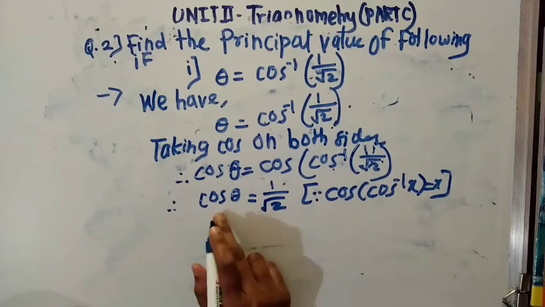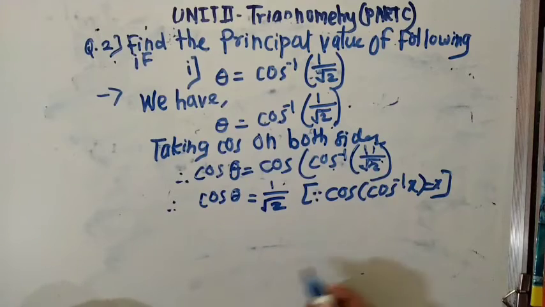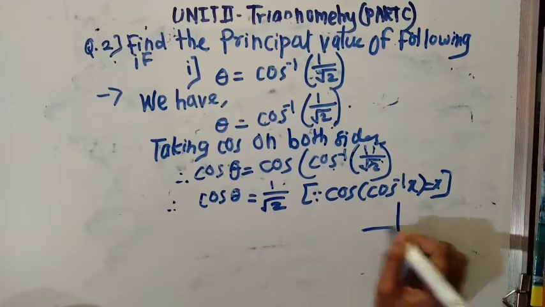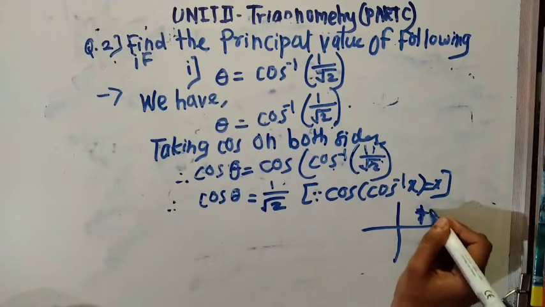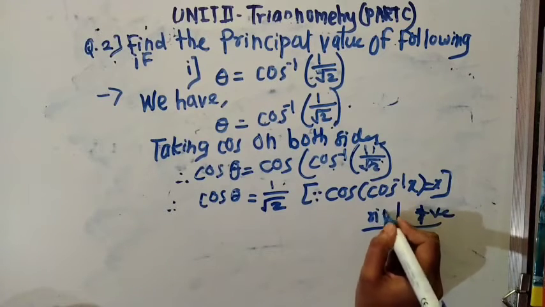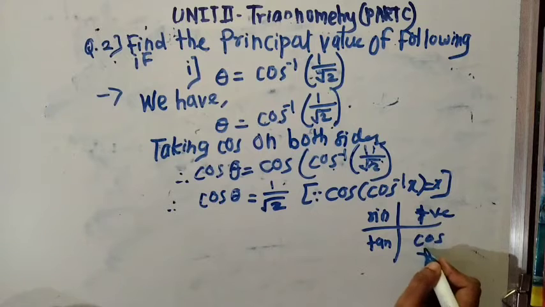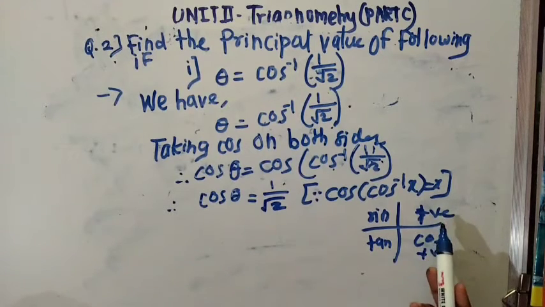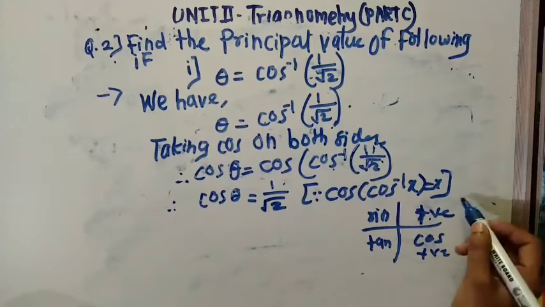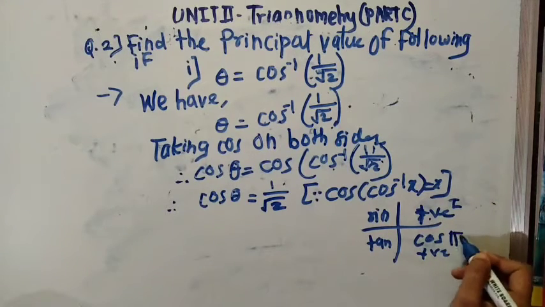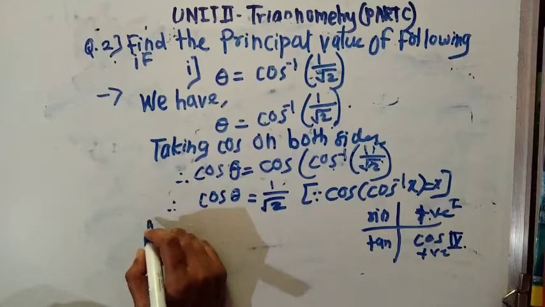The cos theta कोणत्या क्वाड्रंटमध्ये पॉझिटिव्ह असतो? Here all positive, sin, tan and cos. So all positive means this is first and fourth quadrant मध्ये cos theta is positive.